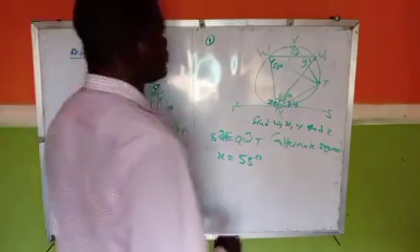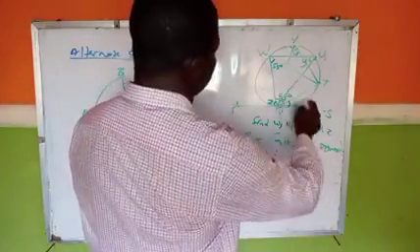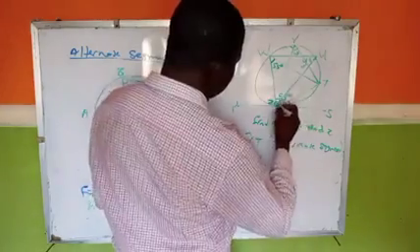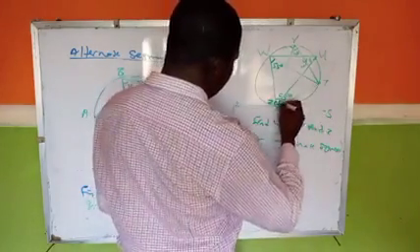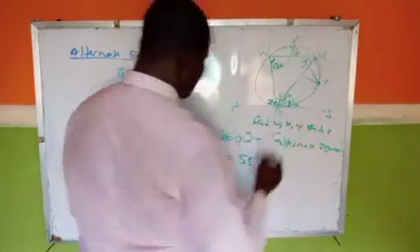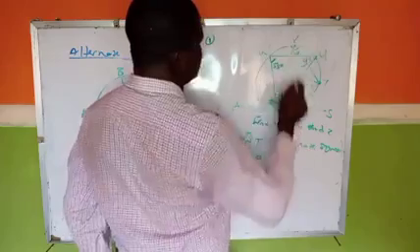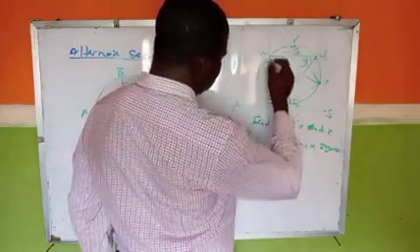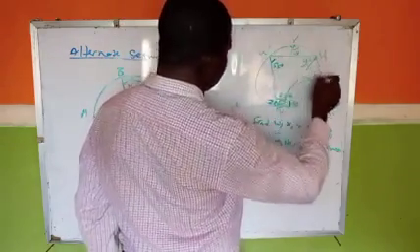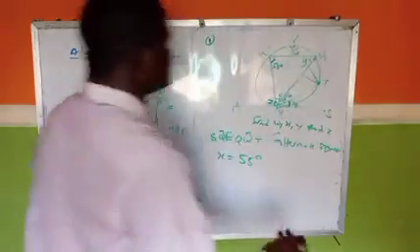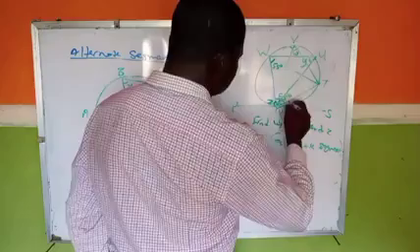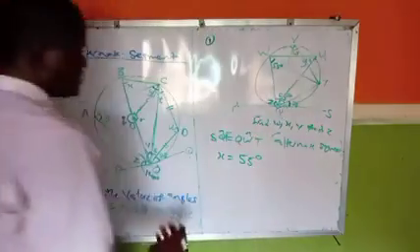Again, look at this one. They are at the same segment. Like here, this is a chord, minor segment and major segment. This angle here and this angle here, they are equal. Angle at the same segment. Or this also equals this, as the case may be.